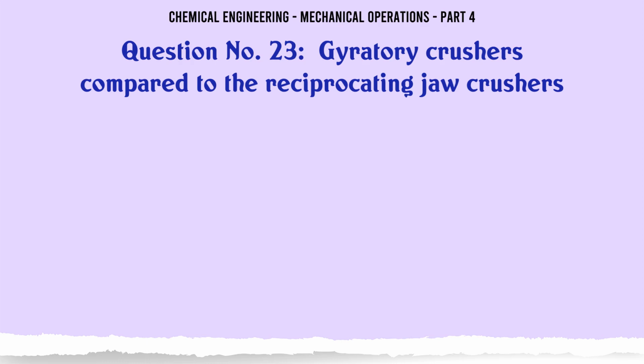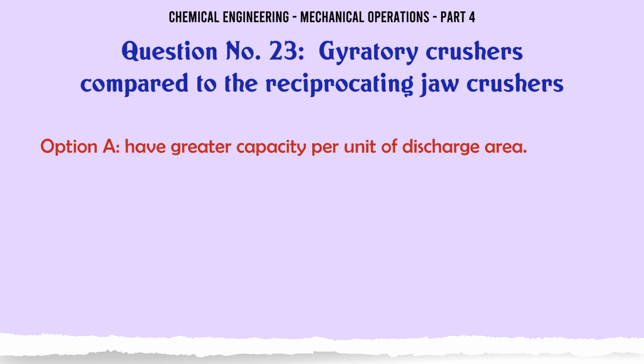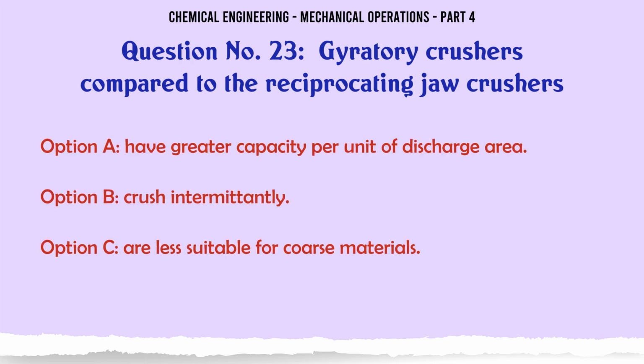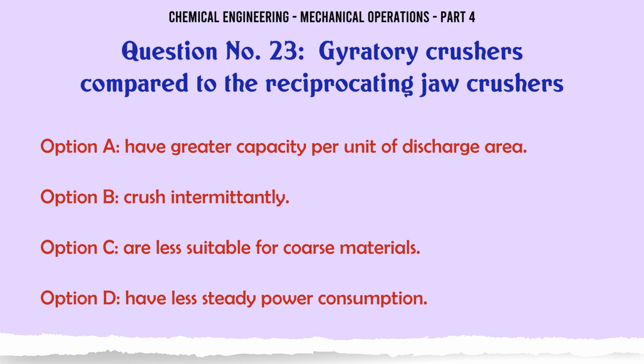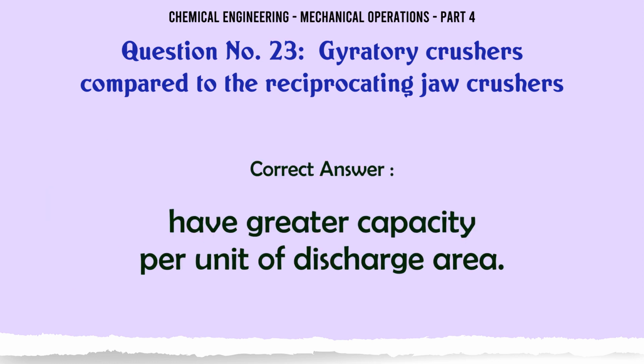Gyratory crushers compared to the reciprocating jaw crushers. A. have greater capacity per unit of discharge area. B. crush intermittently. C. are less suitable for coarse materials. D. have less steady power consumption. The correct answer is have greater capacity per unit of discharge area.